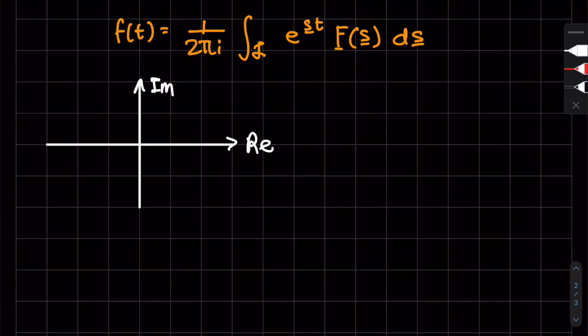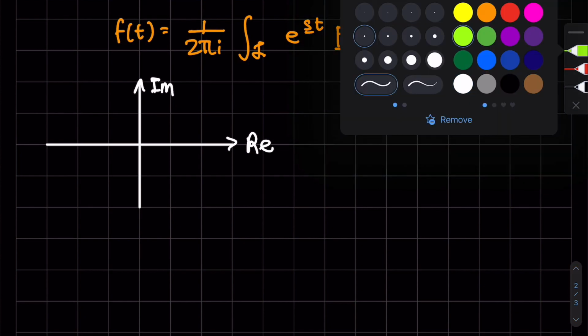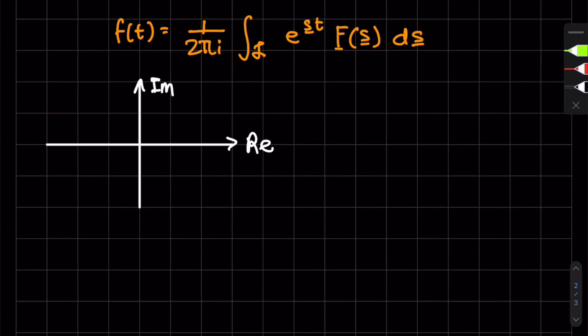And now our contour, well, we have the real part of s greater than 0, so we can't touch 0. The real part of s equals 0, which is the imaginary axis, we can't touch that. So we have to always be on the right hand side of the imaginary axis. This is L. But for the sake of integration, we need to close this up like this.